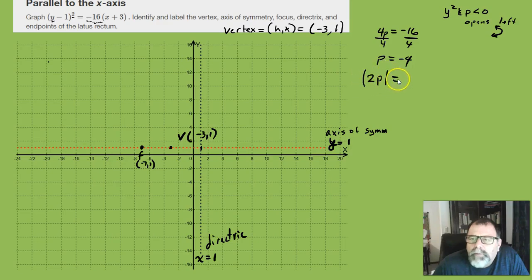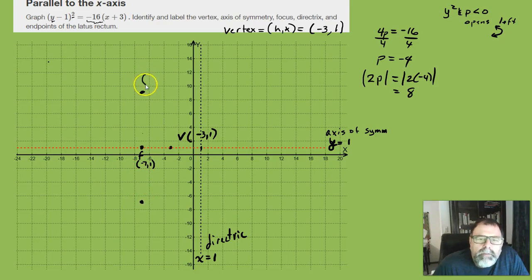Absolute value, remember. So that's 8. So from the focus, I'm going to do 8. So there's 2, 4, 6, 8. And then -8. So 2, 4, 6, 8.